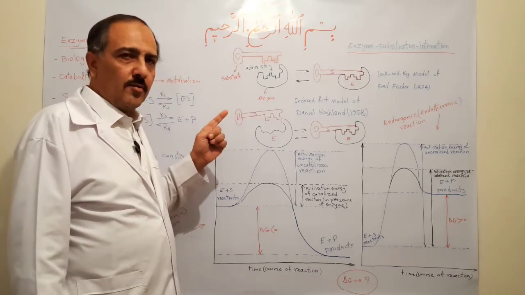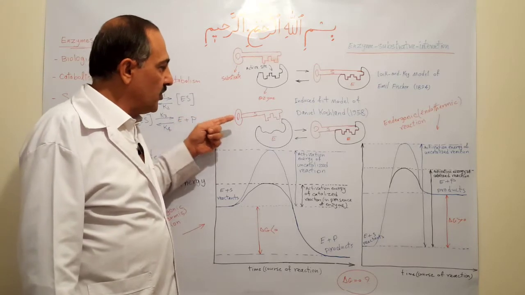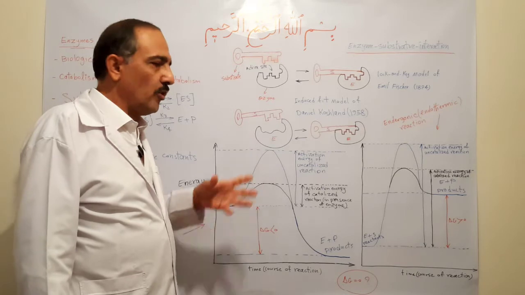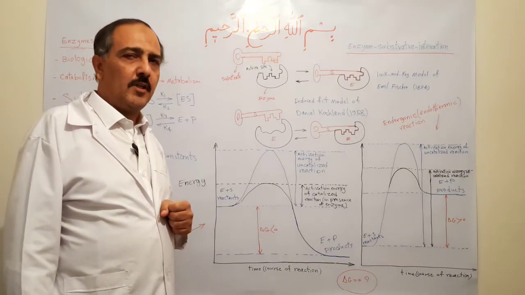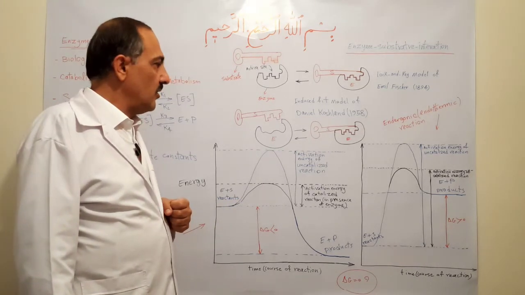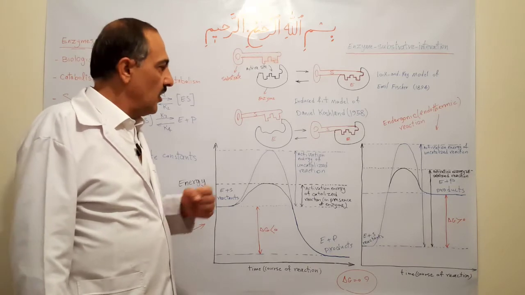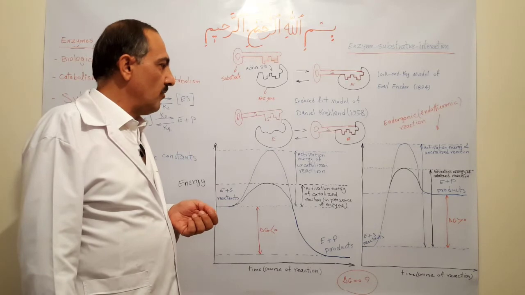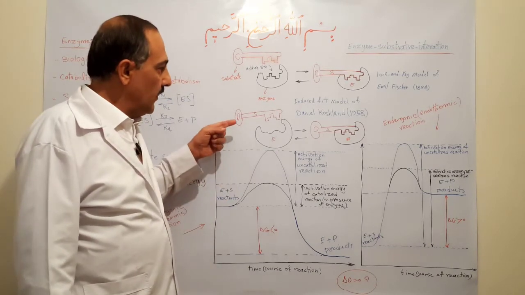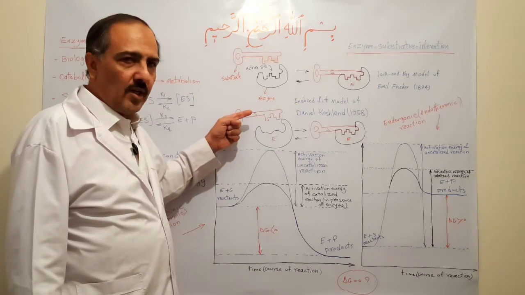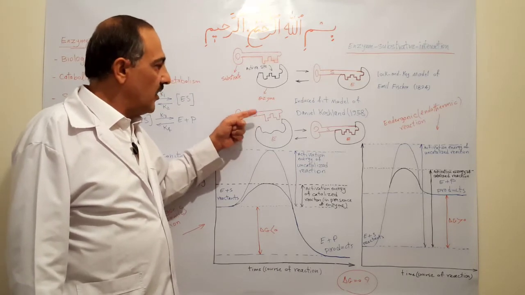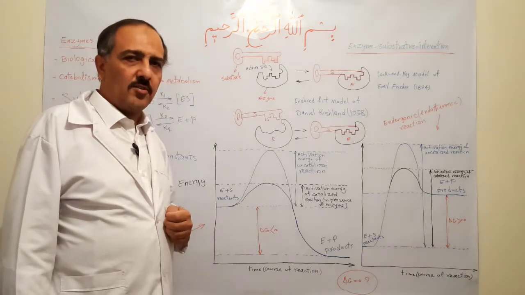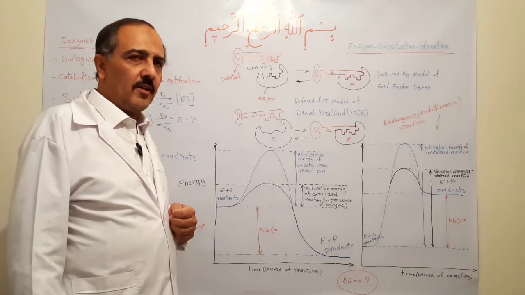When the substrate molecule approaches the active site of the respective enzyme, due to formation of intermolecular interactions like hydrogen bonds and van der Waals bonds, the structure of substrate will become complementary to the structure of the respective enzyme.